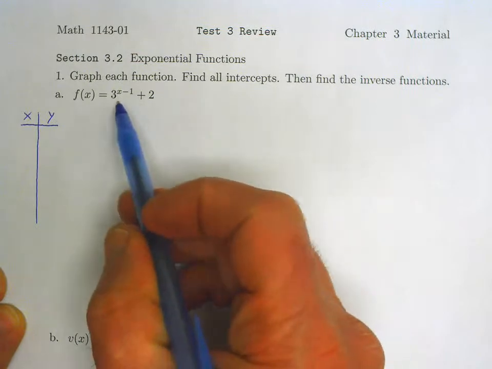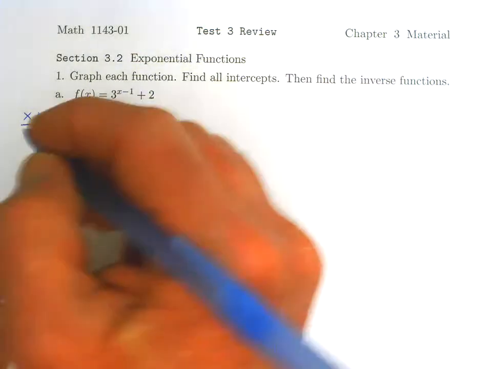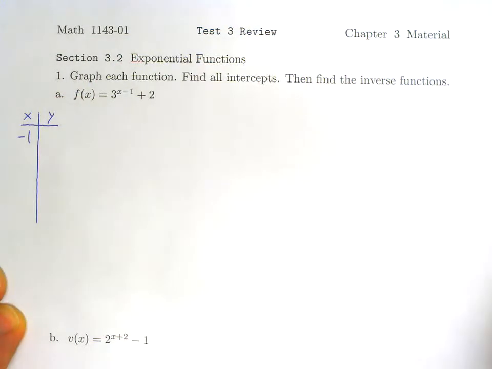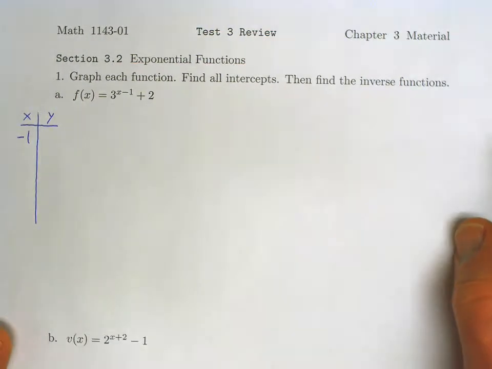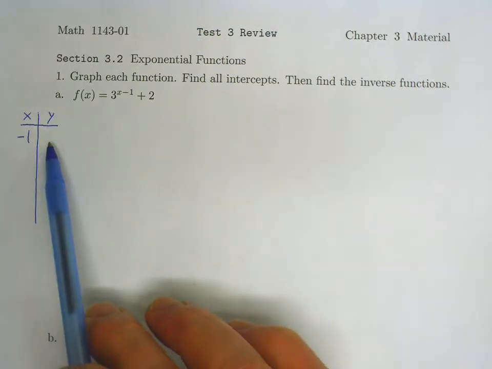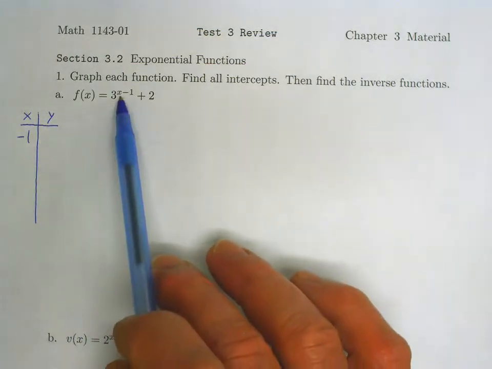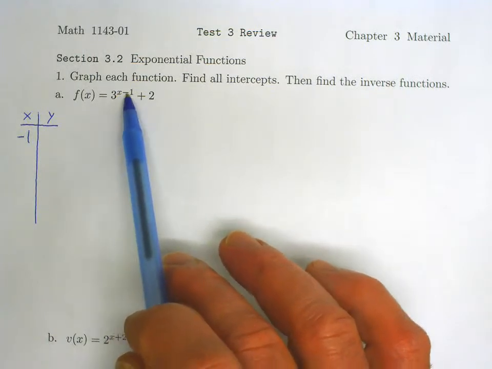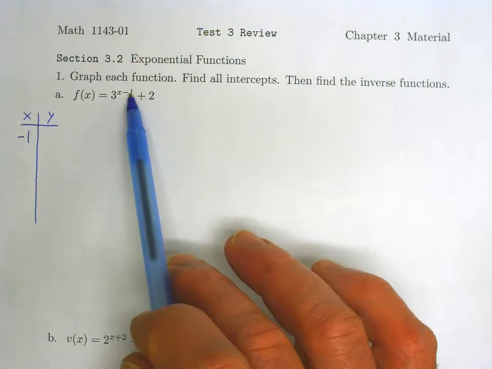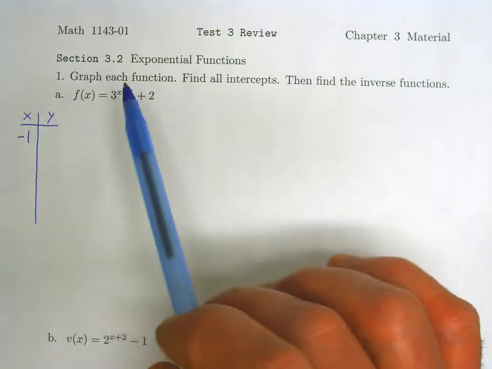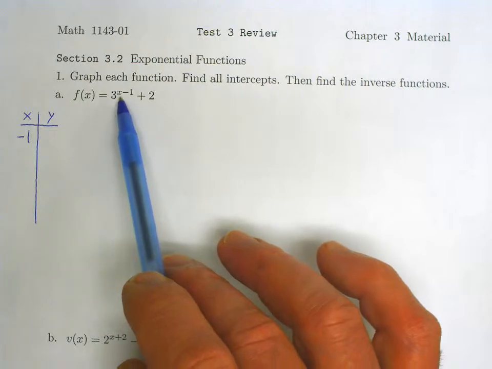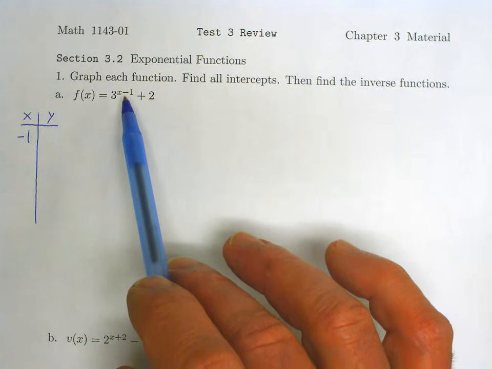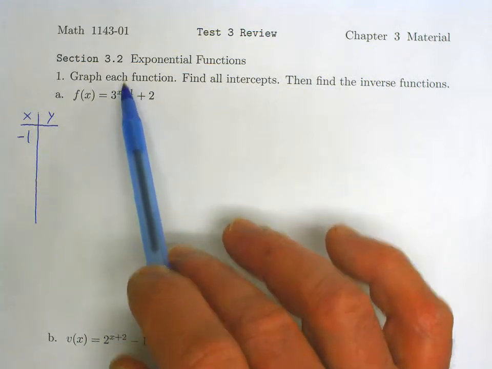So if I start picking x values, you can pick any x values you want, but I'm going to start with x equals -1. Then to find the y value that goes with it, I replace x in the function with -1. So I get 3 to the -1 minus 1, which is 3 to the -2. 3 to the -2 is 1 over 3 to the positive 2, and that is 1/9.